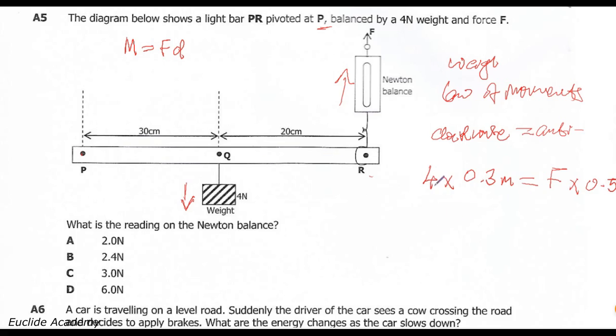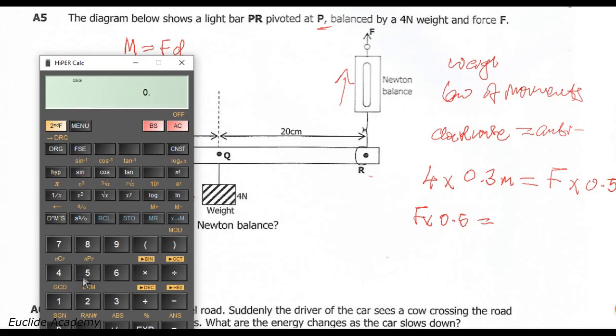So we just solve this. So F times 0.5 is equal to 4 times 0.3. So let's pull up our calculator.